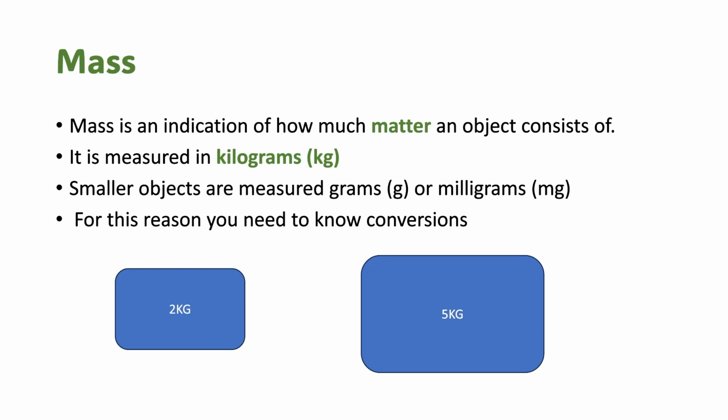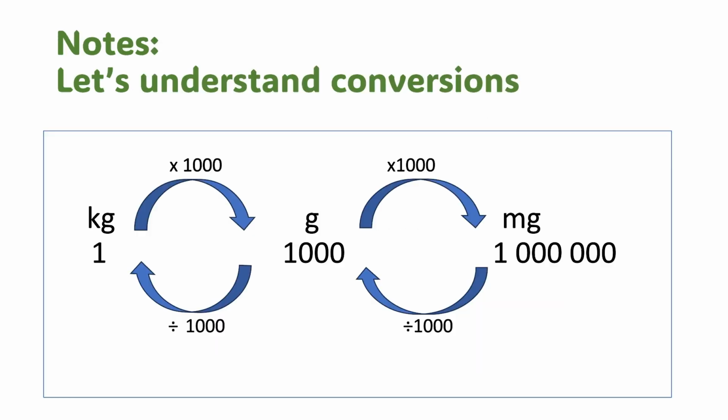Let us look at conversions. 1 kilogram is equivalent to 1,000 grams, and 1,000 grams is equivalent to 1 million milligrams. This means that I multiply kilograms by 1,000 to get to grams, and that I multiply grams by 1,000 to get to milligrams.